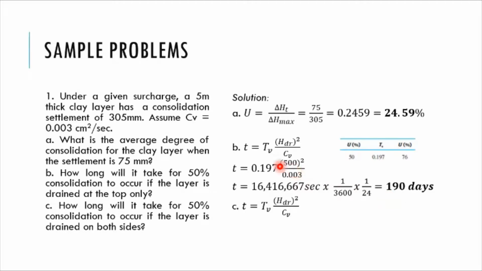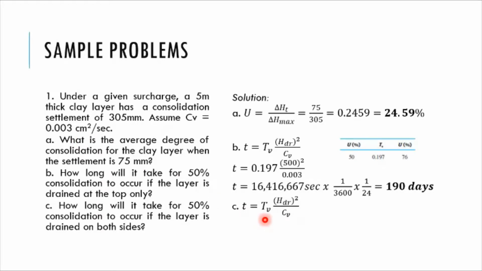And then lastly, we have to determine how long it will take for 50% consolidation to occur if the clay layer is drained on both sides. So what changes here is only the Hdr. The time factor is still 0.197 and Cv is equal to 0.003 centimeters squared per second.